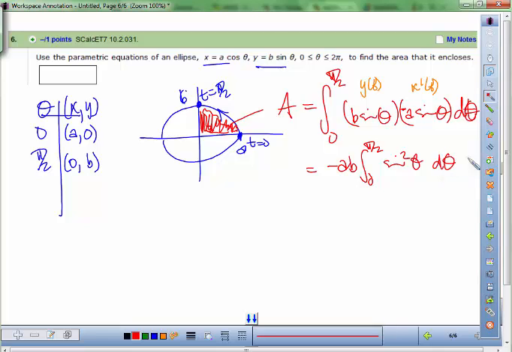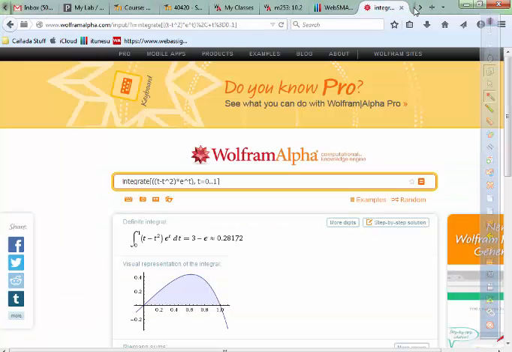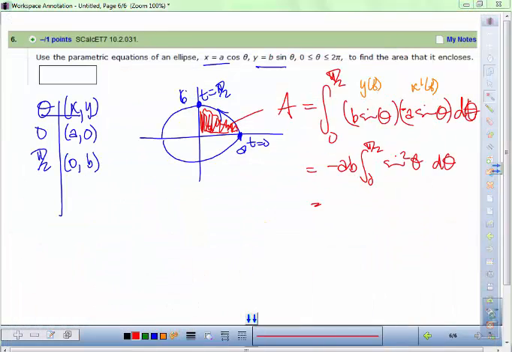I think there's a formula for this in your table of integrals, or you can remember that sine squared splits up using the half angle formula, one half times 1 minus cosine 2 theta, something like that. Again, you can figure that out yourselves. I will put it in Wolfram.